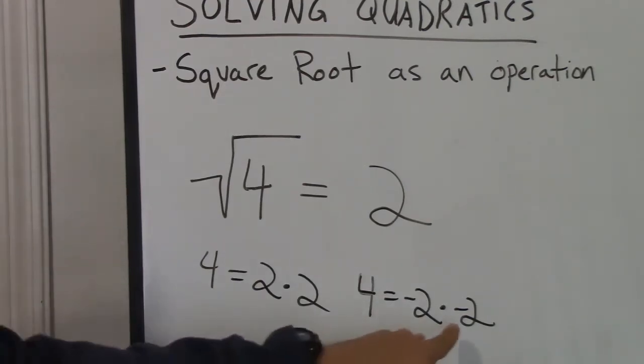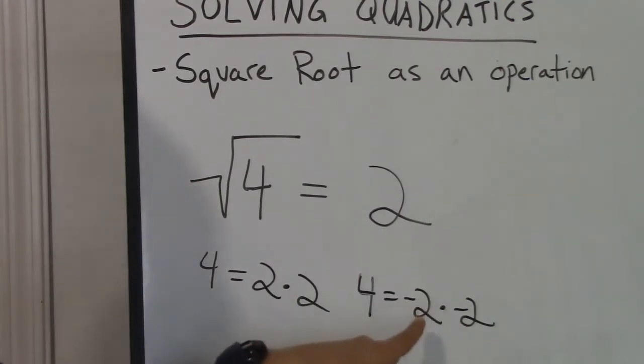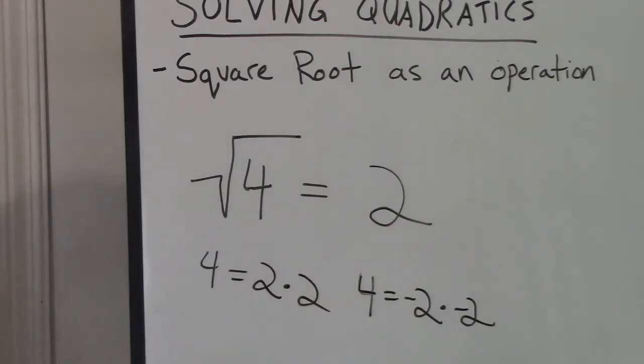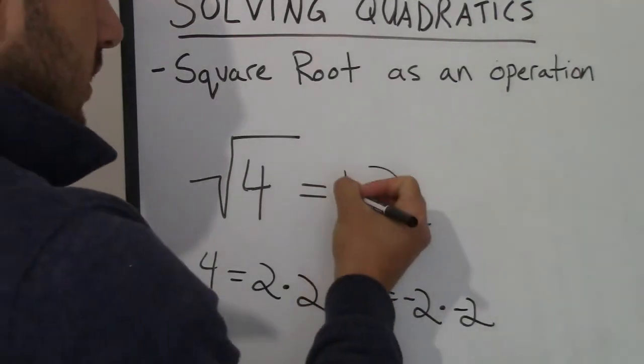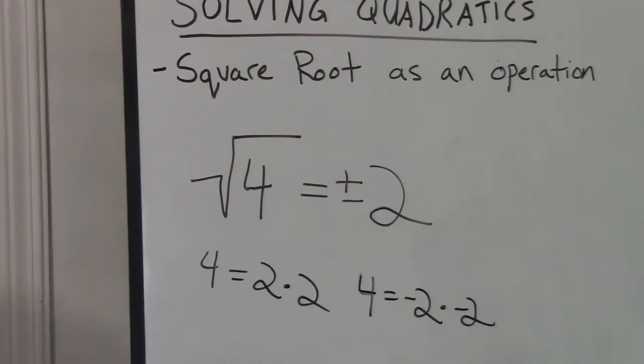There's also negative 2, because if I multiply negative 2 by itself, I still get a positive 4. The reason that square roots result in 2 solutions is because a positive times a positive gives you a positive, and a negative times a negative also gives you a positive.